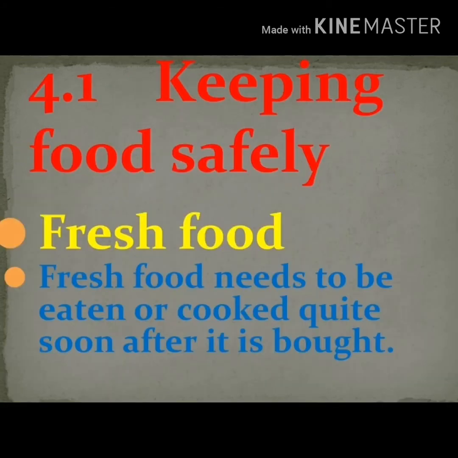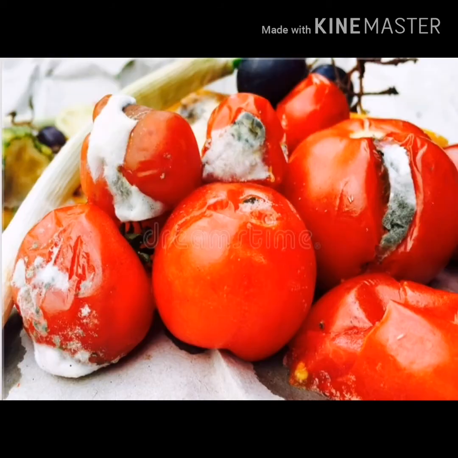Keeping food safely. How do we keep fresh food safely? Fresh food needs to be eaten or cooked quite soon after it is bought, or after it is cooked. Some food becomes dry if it is not used quickly. Some food, especially vegetables and fruits, become soft and lose goodness, like those tomatoes.